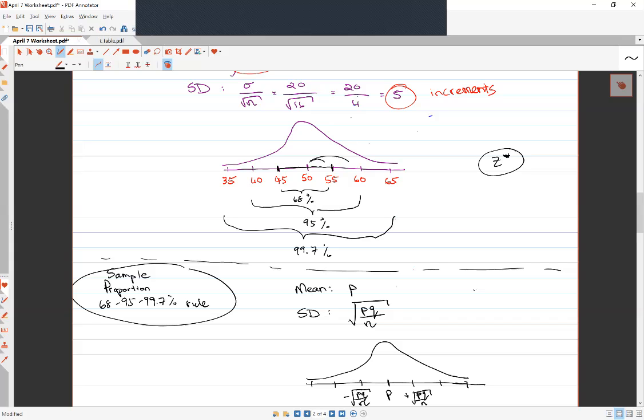So you can use this rule to construct a 68% confidence interval, a 95% confidence interval, or a 99.7% confidence interval. The Z star is just telling you how many steps you take. So yes, there is a connection between all of these different quantities.